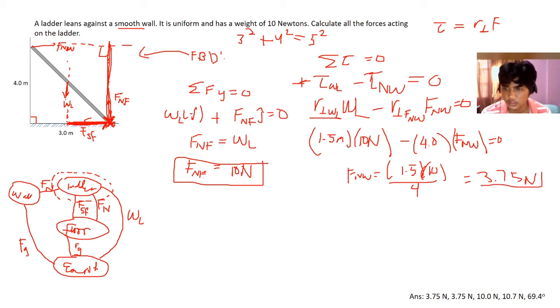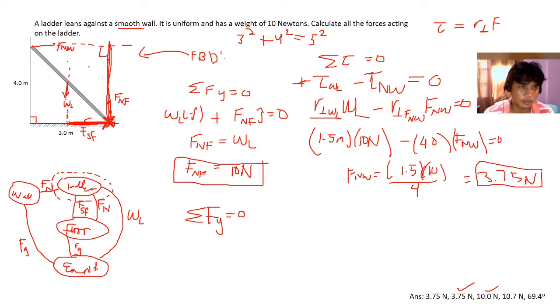So let's do a check. There is another 3.75, and that is actually F_SF, because the summation of forces along x equals 0. I am so sorry, I said y, but that's along x.